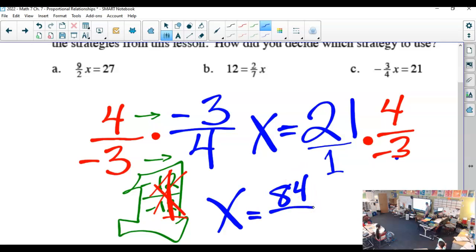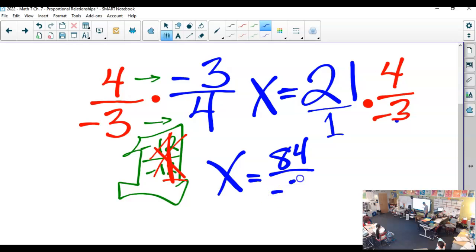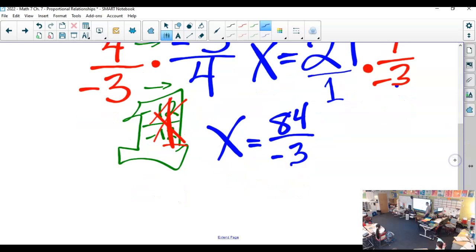What's 1 times negative 3? Negative 3. Think. What's a positive divided by a negative? Negative. It stays negative. What's 84 divided by 3? Negative 28? Yeah, 28.